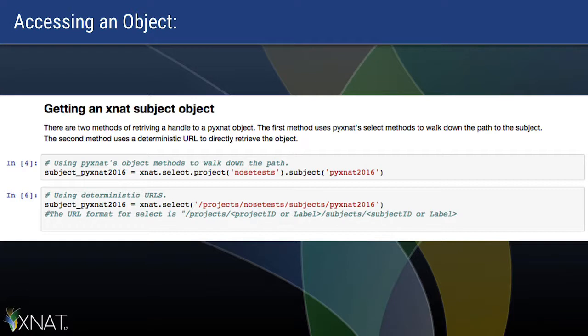How do you get an object in XNAT? Well, there are two ways. The first method is, you can do select.project and then give it a project ID. From the project you can do subject. From the subject you can do experiment. From experiment you can do scans. Each one of those levels results in a number of REST calls. The other way to do it, if you know where you're going, is to do a select and then give it a path.